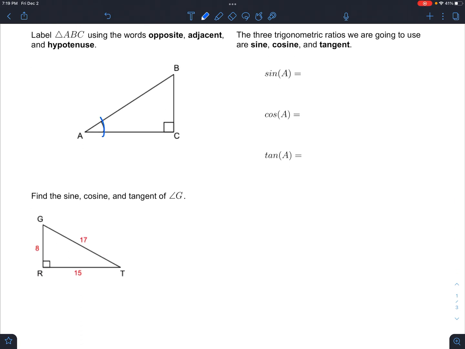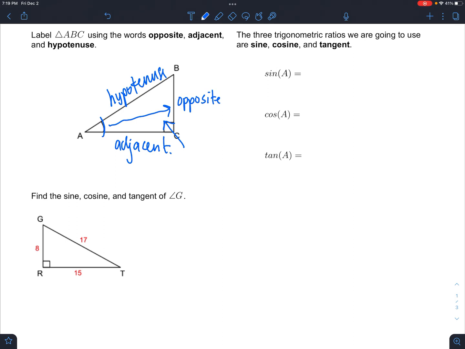So when we're at A, we call this the opposite side because, well, it's opposite A. And the hypotenuse, we know, is across from the right angle. And then the other one is called the adjacent side. Okay?